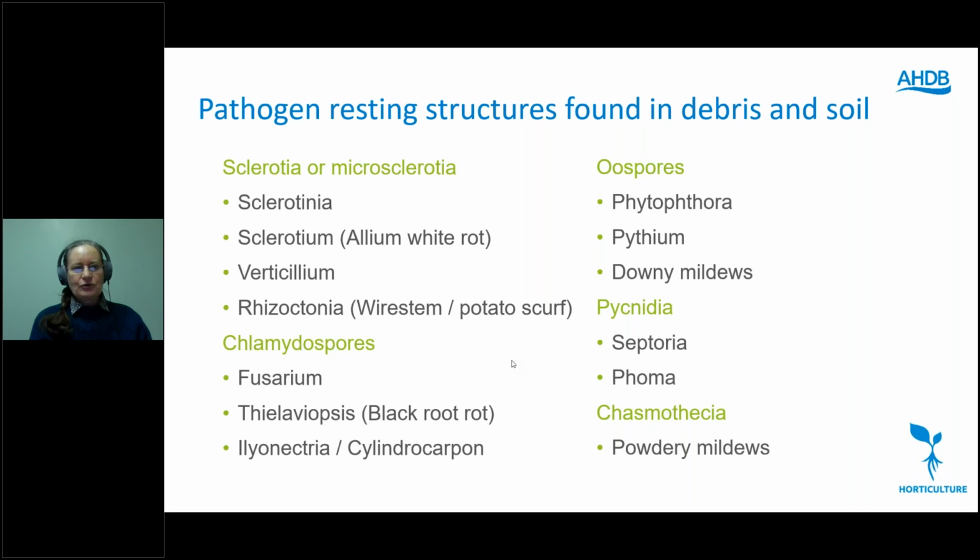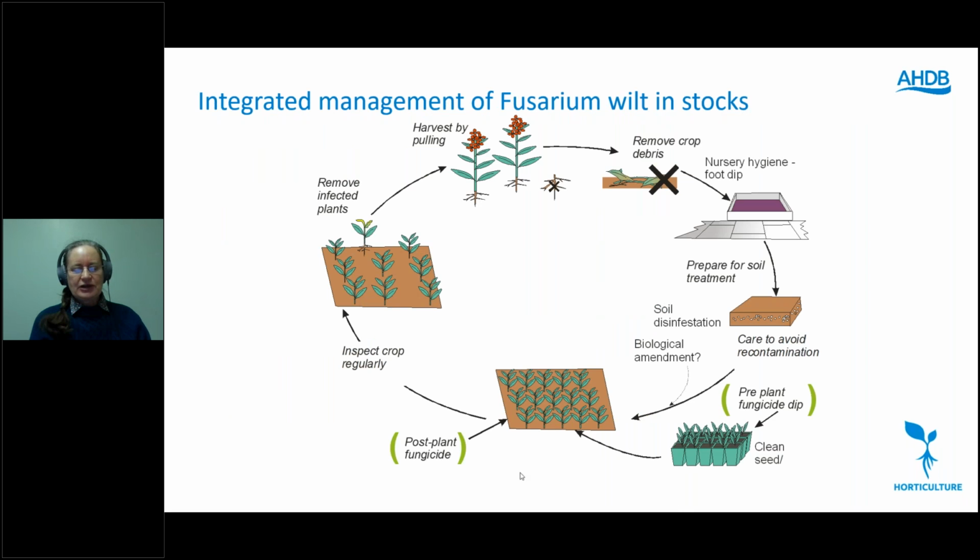So I just wanted to look at integrated management just briefly to remind you that soil disinfestation is the last resort really. So you should be starting off with clean seed into clean soil. You may want to use a biological amendment. We heard about T34 from John. And then keeping an eye on your crops, and if there are any plants that are looking diseased, ideally to remove them and to work out what's wrong with them.